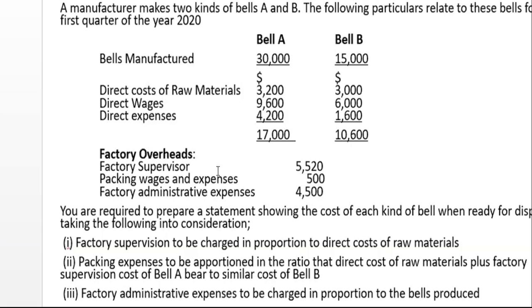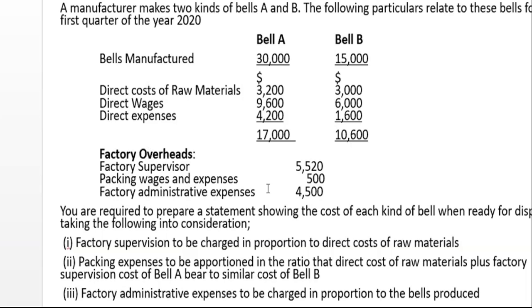Now you're given additional information about the overheads. These are now the costs that need to be apportioned. So we have the factory supervisor, because he supervises the production of all these units, A and B, as they are being produced, so he's paid a total of $5,520.